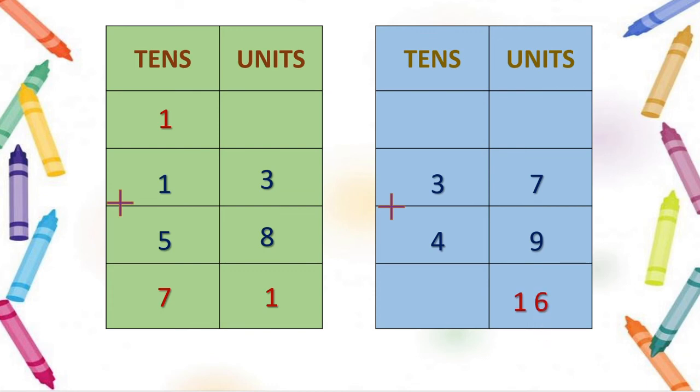Right? Okay. 6 will remain in the unit place and 1 is carried over to the tens place. Here in the tens place you can see 1 plus 3 plus 4. All 3 numbers we have to add. What is the answer? Good. 8. So our total answer is 8 tens and 6 units. That is nothing but 86.